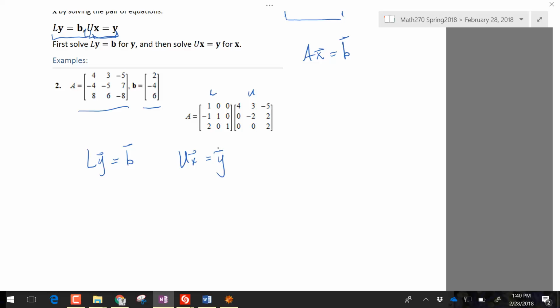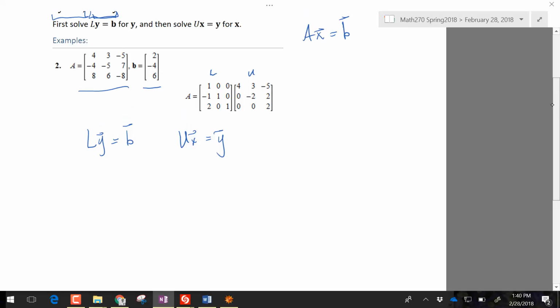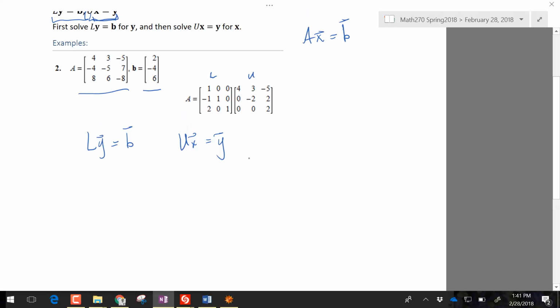So let's figure out what Y is first. Ux equals Y. What are we going to figure out first? Oh, we have to figure out what Y is.